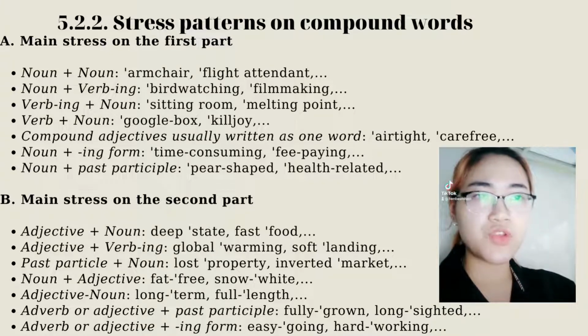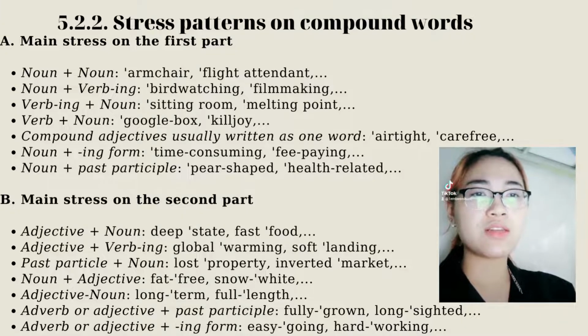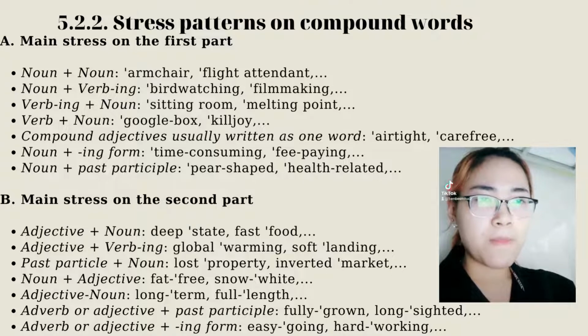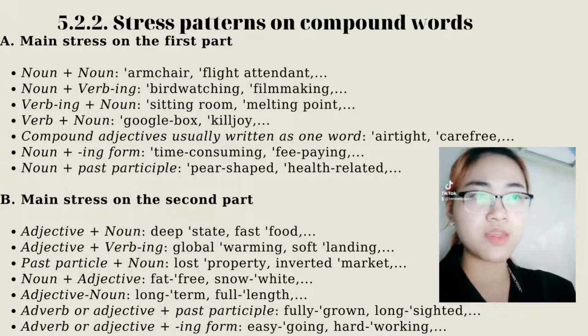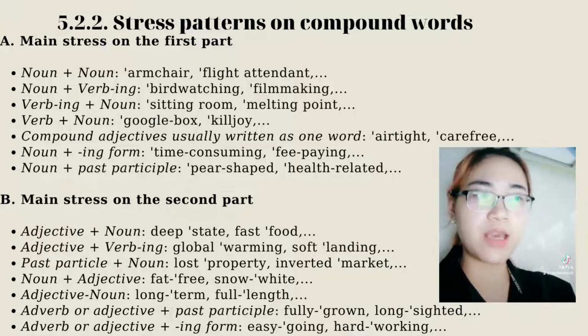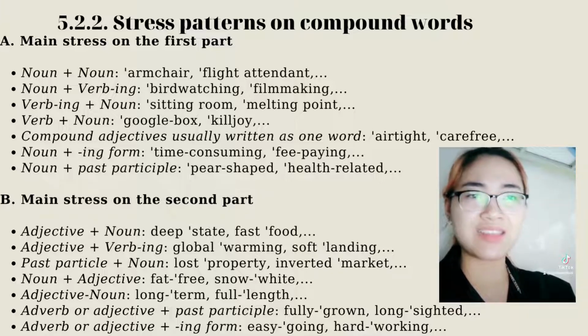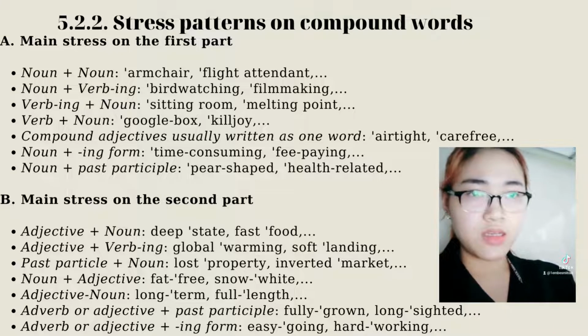Compound adjectives are usually written as one word, like carefree; noun and verb-ing form, for example, time consuming; fee paying; noun and past participle, like health related. Second, main stress on the second part.